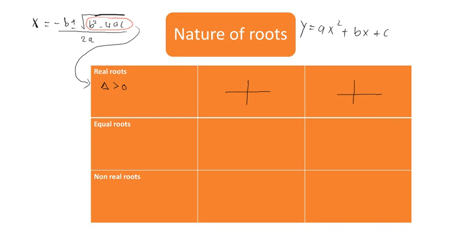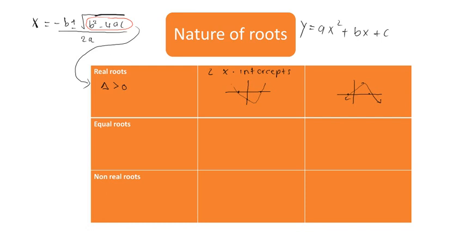Your graph will probably look something like that. So if your b squared minus 4ac is greater than 0, it tells you that you've got two x-intercepts. And depending on whether your a is positive or negative, that will tell you whether your function opens upwards or downwards.